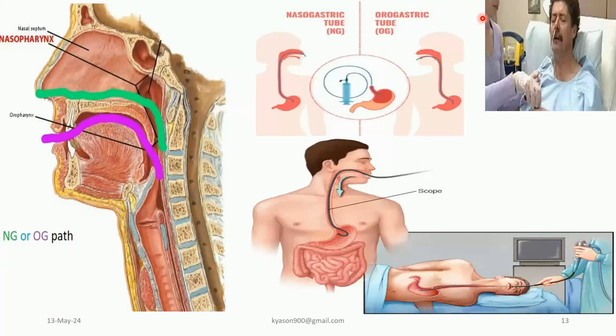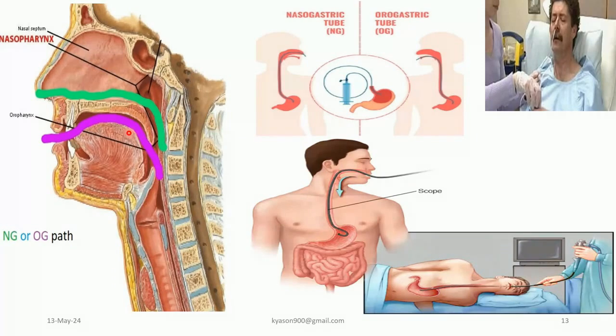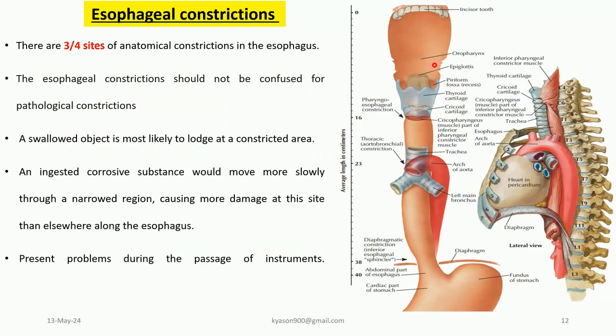Okay, and that is very, very important because when a patient is opening the mouth and you're trying to insert a tube, you can easily gauge the distance where those constrictions are going to be found just by measuring from the level of the upper incisor teeth. That's why the distances of these constrictions are described from the level of the upper incisor teeth.